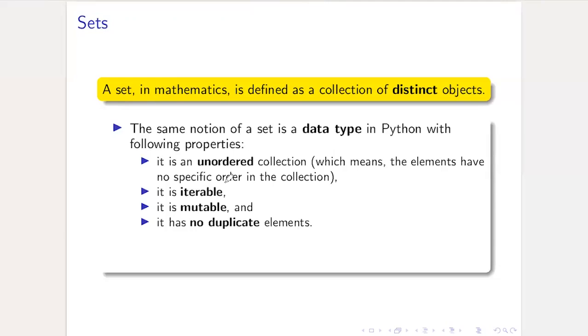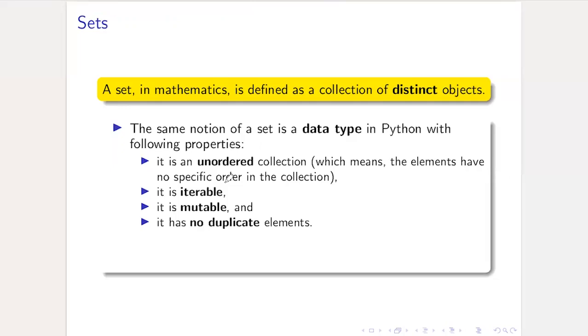Let's say you repeat it again. You might get 1 first, then 4, then 3, then 2. So every time you run an iterator on a set, you get the elements in a different order, conceptually.